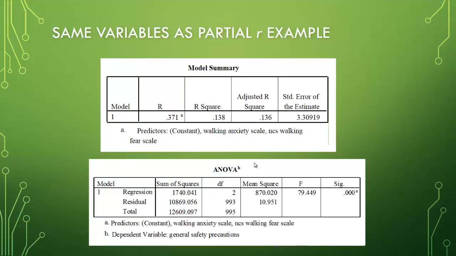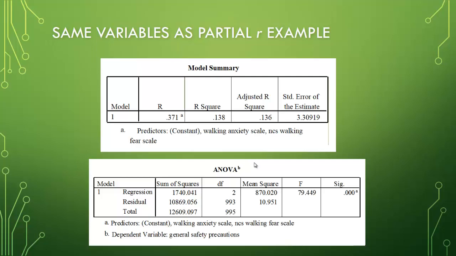Now here's an example of what we would see in output from SPSS. This is very similar to the output that we saw for a simple bivariate regression. So the first box in the top suggests we're looking to explain the R square, right? The amount of variability of the model. So notice the subscript at the bottom, it lists all of the predictors in this model, and here there's only 2.